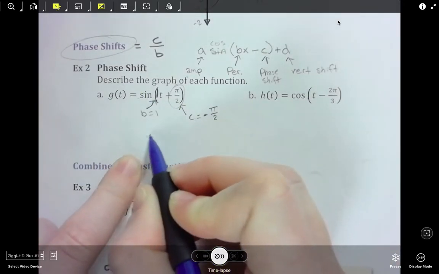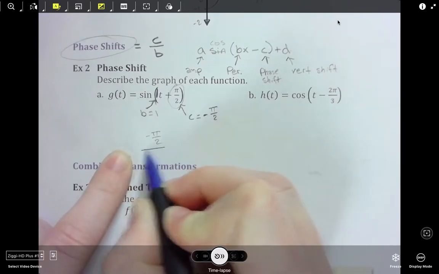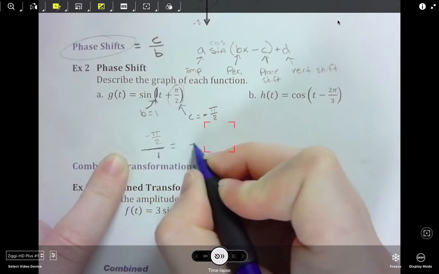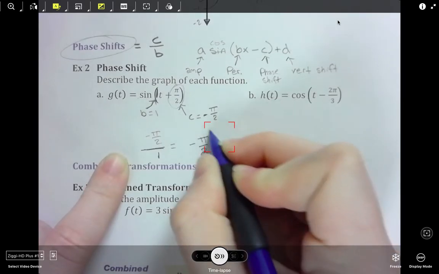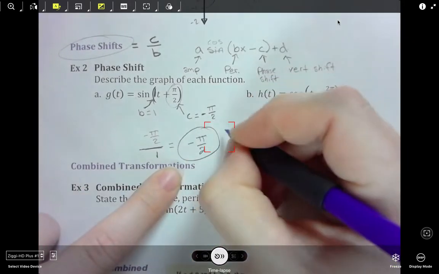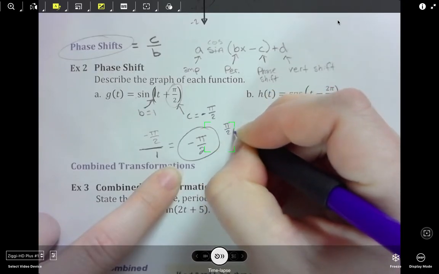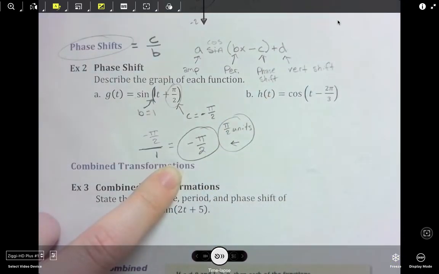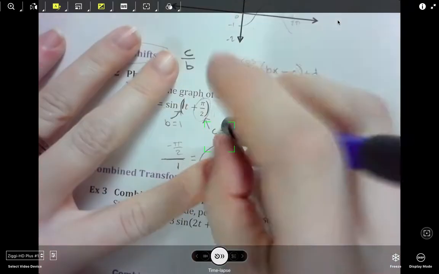C over B would be negative pi over 2 divided by 1. And this tells me that my phase shift is negative pi over 2. So this just means shifted pi over 2 units to the left. You can kind of tell that from the equation up above.